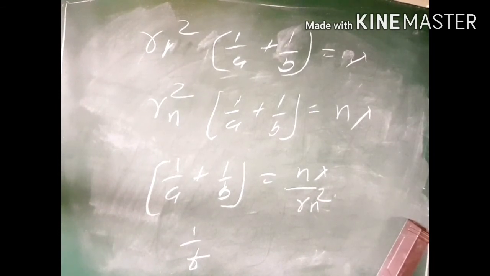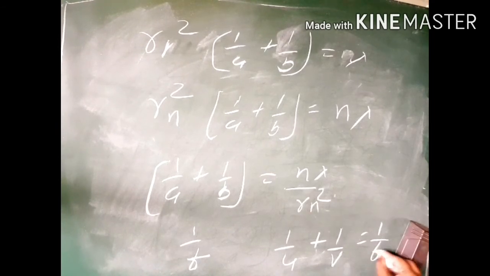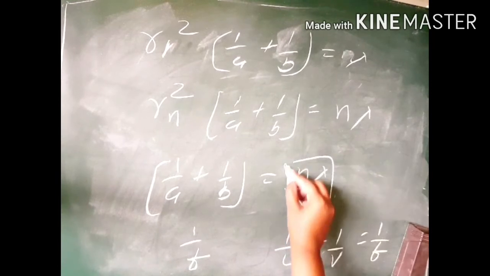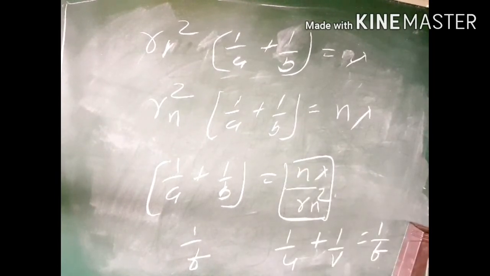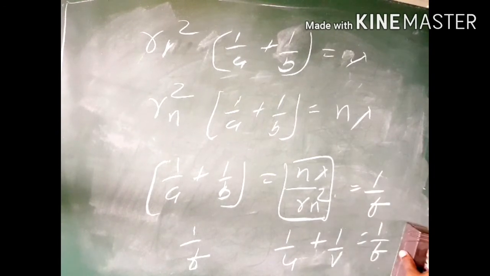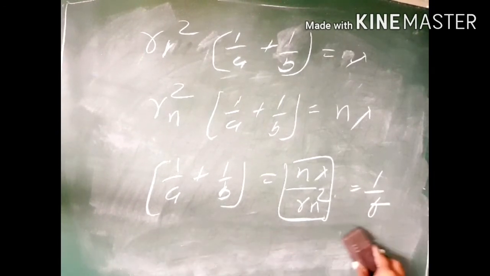In case of lenses we studied 1 by U plus 1 by V is equal to 1 by F. So here this will represent the reciprocal of the focal length, 1 by F we can write. F is the focal length of the zone plate.